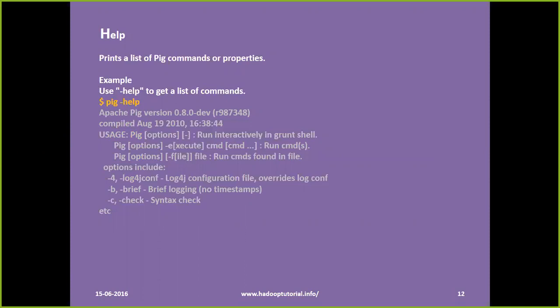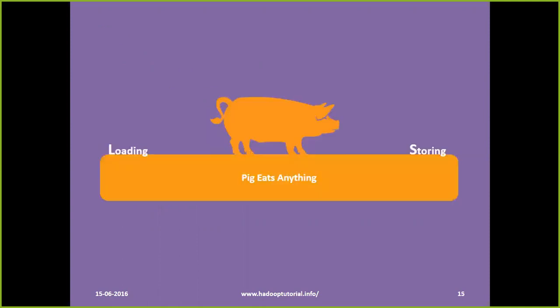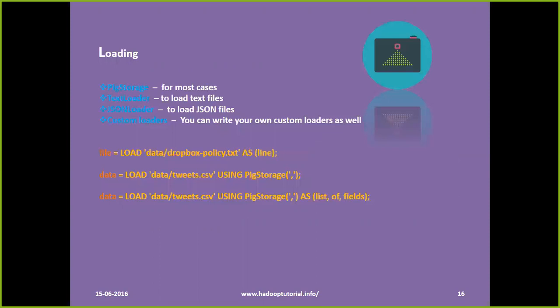Now, inside your Pig shell, to explore what commands you can see, use the list command. But anyway, let's get started. In order to process any data, first we need to load the data into Pig, or read the data from your HDFS.